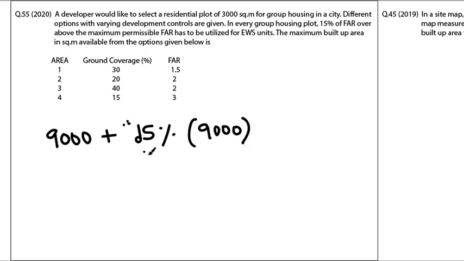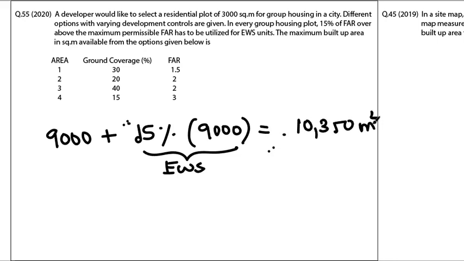This is the total maximum area available for built up. So 15% of 9000 is 1350, plus 9000 will give me 10,350 meters square.